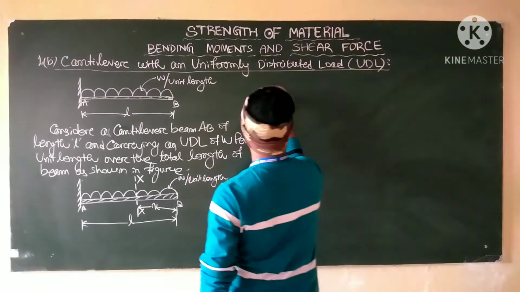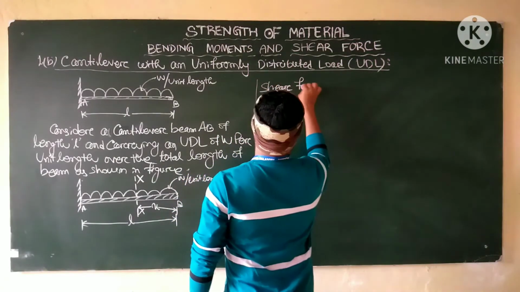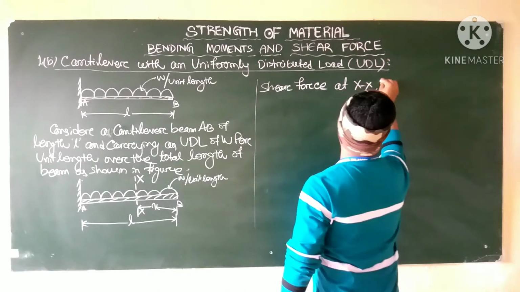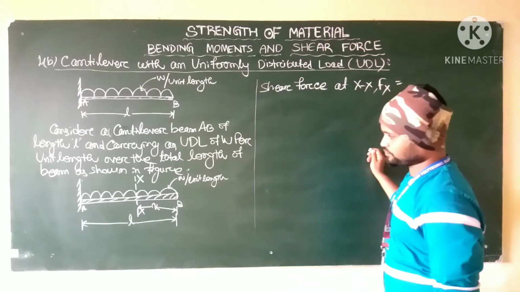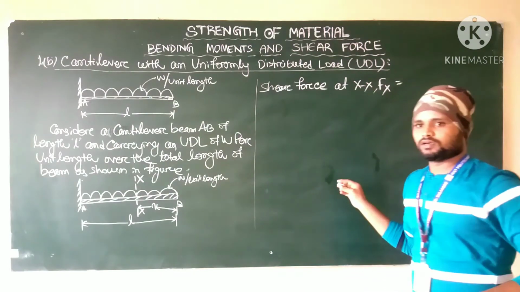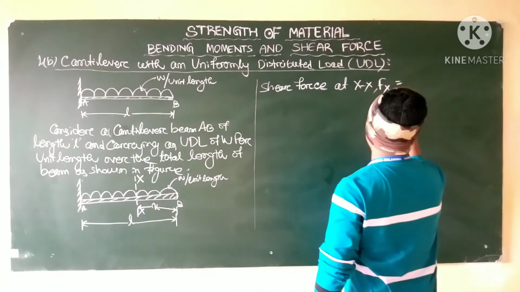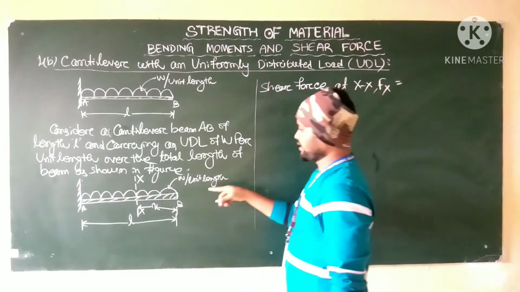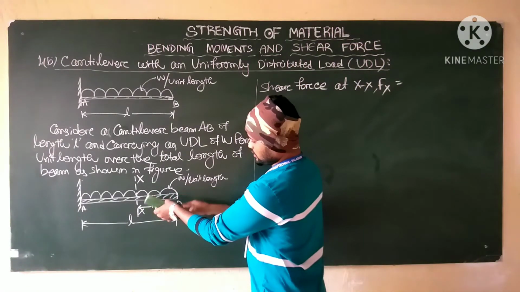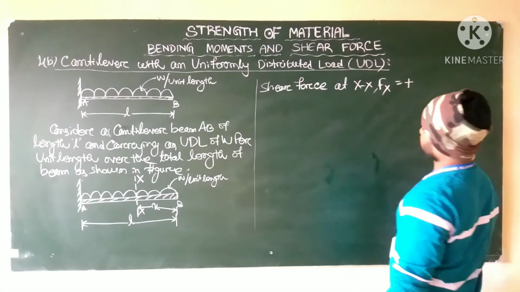First, shear force at XX, that is Fx, equals. In case of a point load, we simply write the load, but in case of a uniformly distributed load, the formula changes. First, sign conventions: if the right hand side of the beam moves downward and the left hand side upward, we can say positive shear force. So the sign is positive. Then the load.